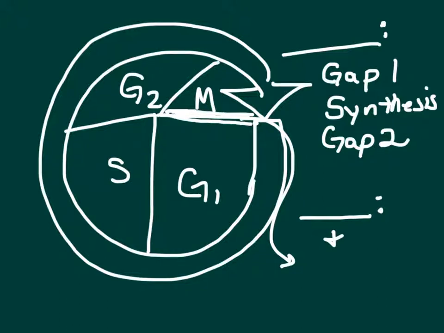A brain cell is told that it's a brain cell, and then it goes about being a brain cell. Your skin cells get a message that tells them what to do, and then they go about doing that. The process of receiving the specific tissue that you belong to is called differentiation. So gap 1 is growth and differentiation.